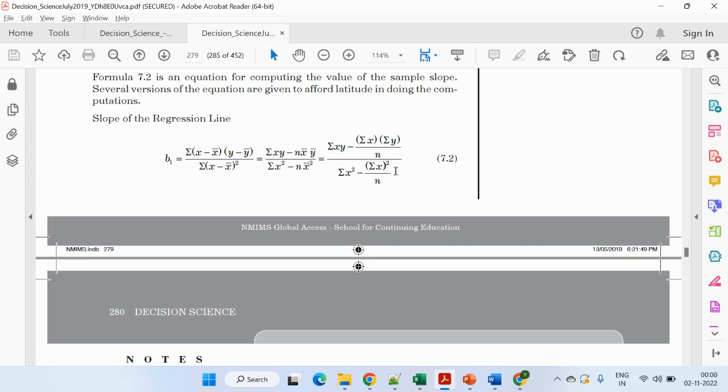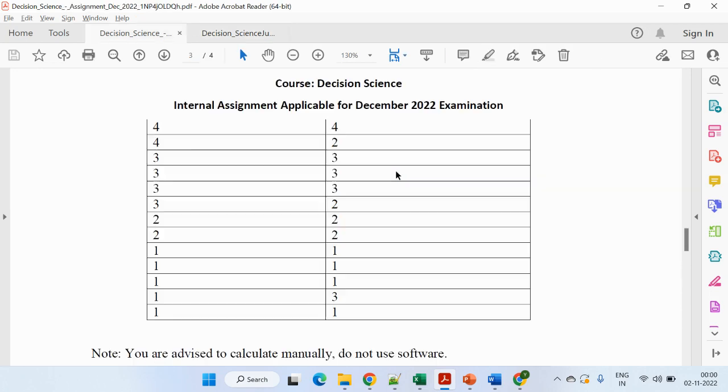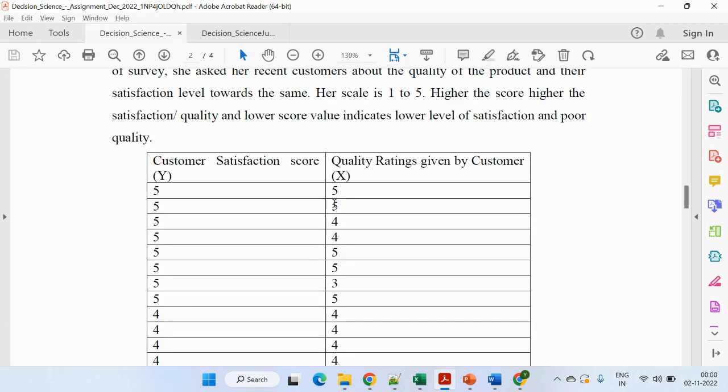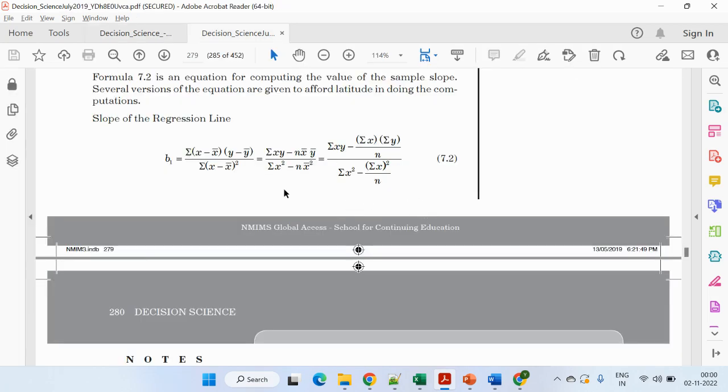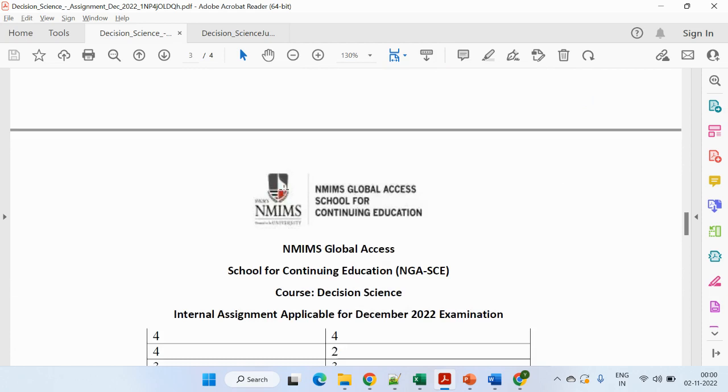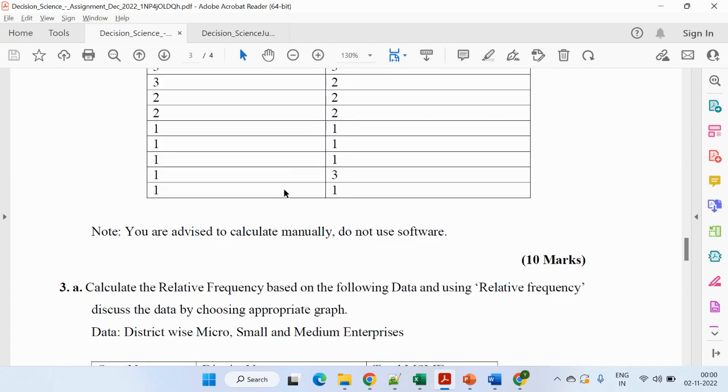So this is the actual equation. What you need to do, you just simply need to sum up all these values as x, sum up all these values as y, and you just need to calculate the value of b1. This is very much straightforward, nothing extra you need to do, and whatever value you can come, you can just rate it in the scale of 1 to 5, right?